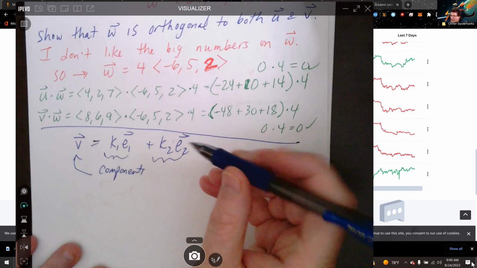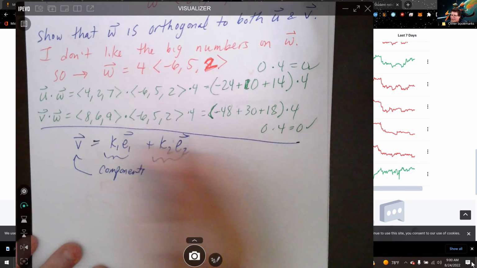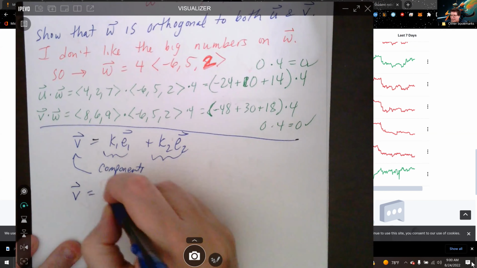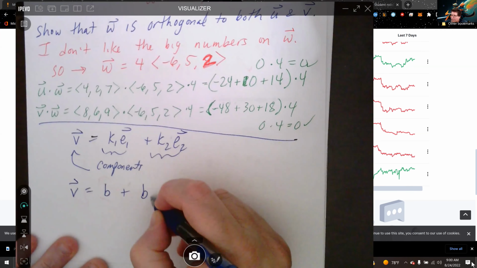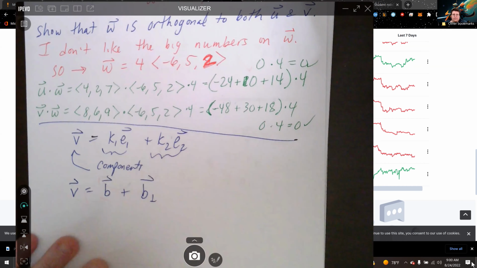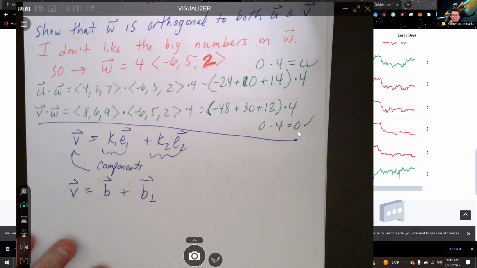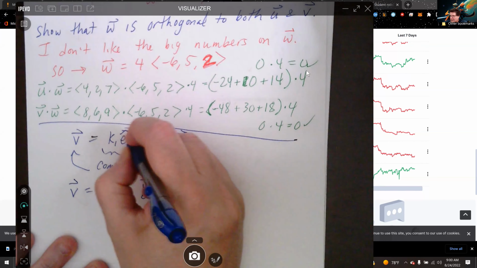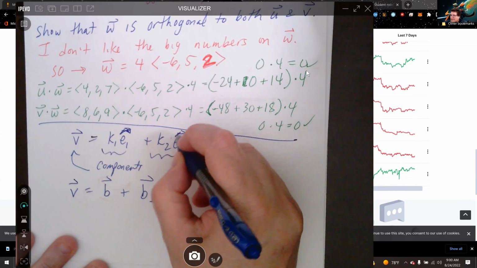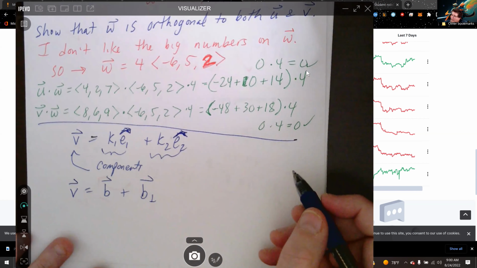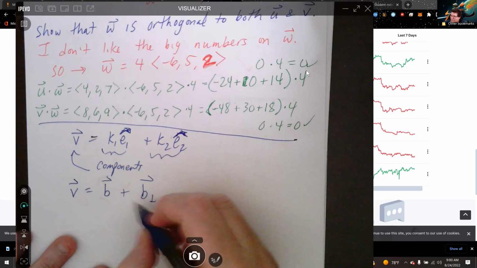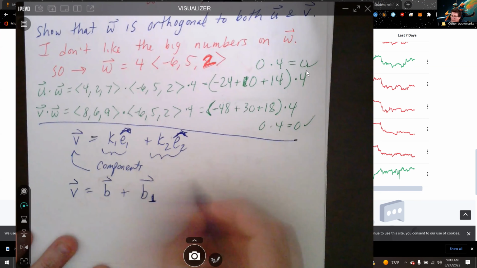The reason why you don't need to write it like that, I mean, we could write it as V plus V orthogonal. I guess here E1 and E2 are unit vectors. This is really what that question's asking.